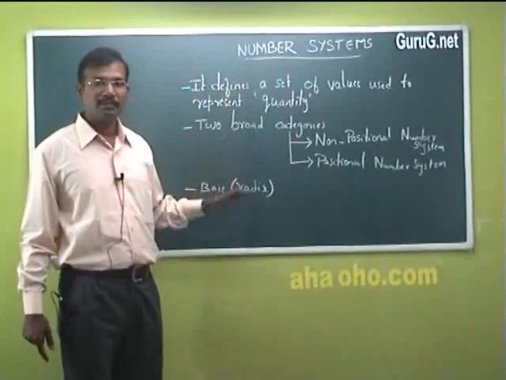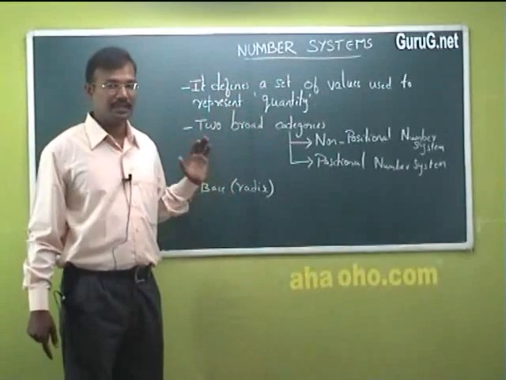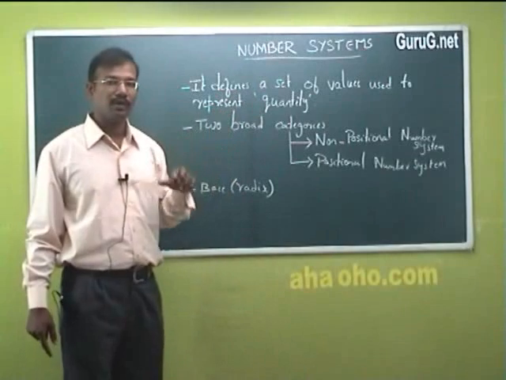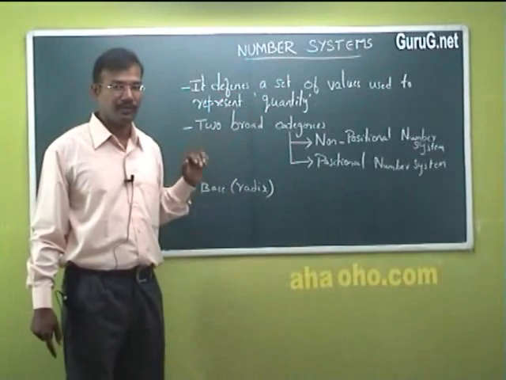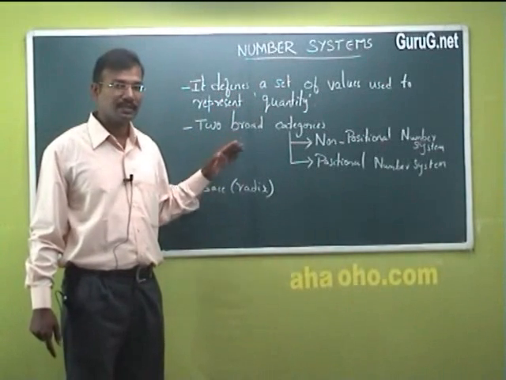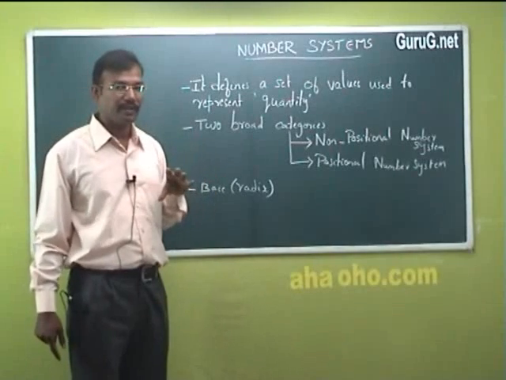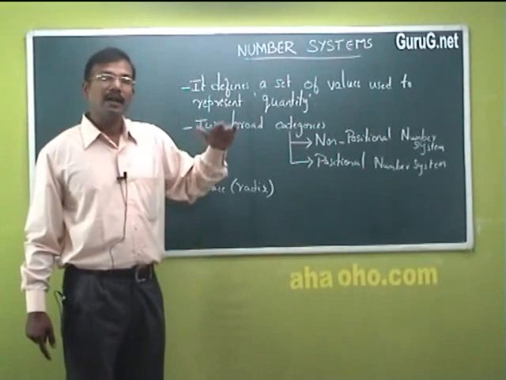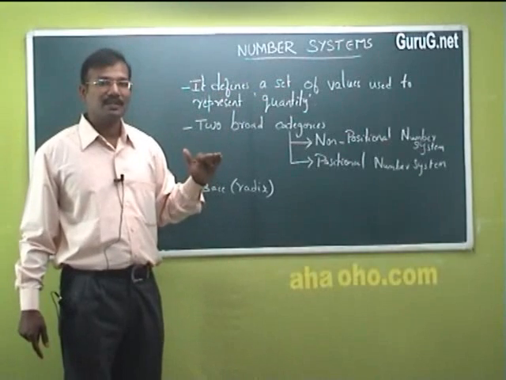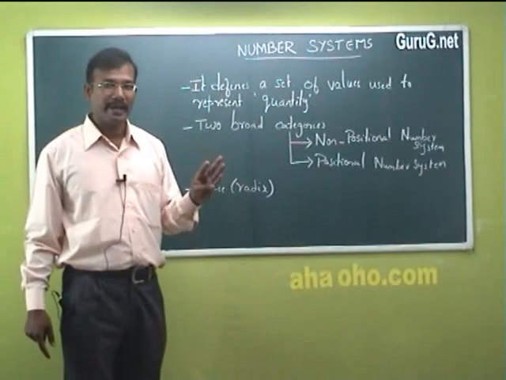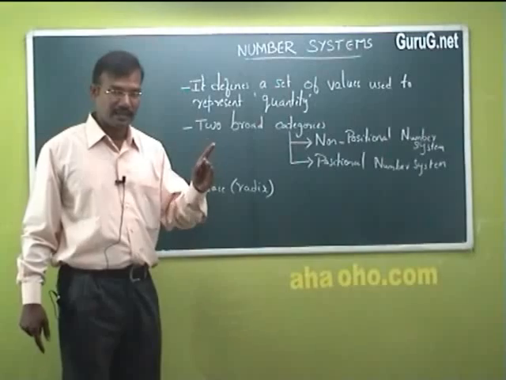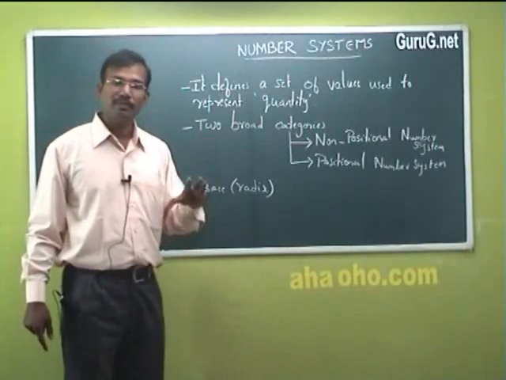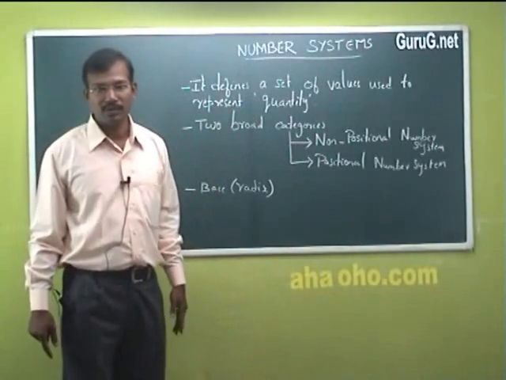Now, the various number systems we are going to discuss. First, the decimal number system, which we have used. In this decimal number system, as I already said, we have 10 different values, and the other number systems we have are binary, octal, hexadecimal. All these we will be using in our computer systems.